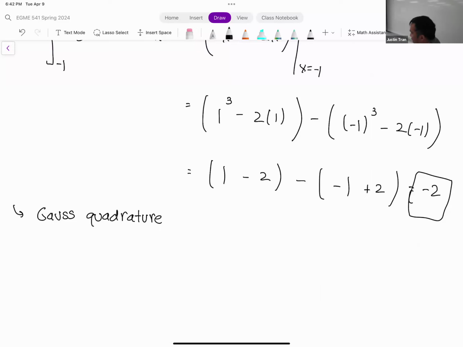The reason Gauss quadrature works so well in these situations is that Gauss quadrature works super well for polynomial integrals.